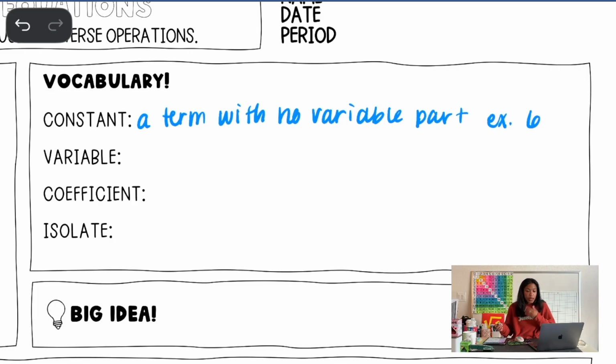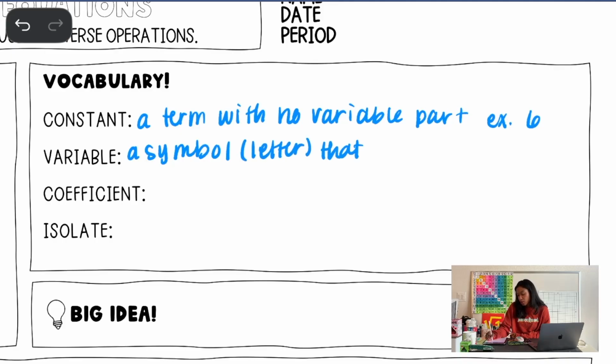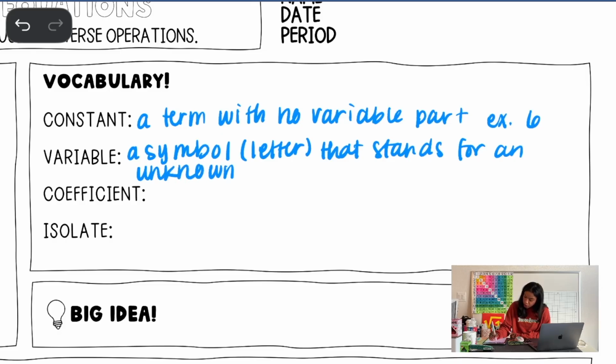All right. A variable, we know the long definition, right? It's a symbol, usually a letter, that stands for an unknown value. Perfect. Our next definition, coefficients.